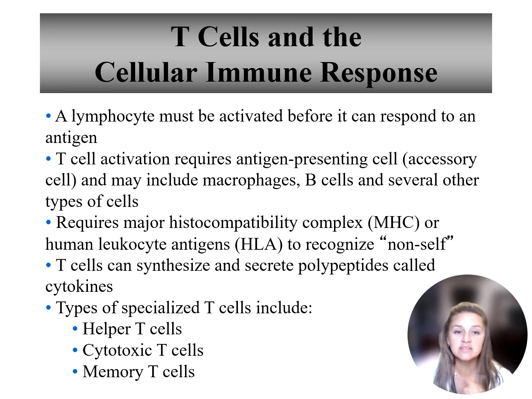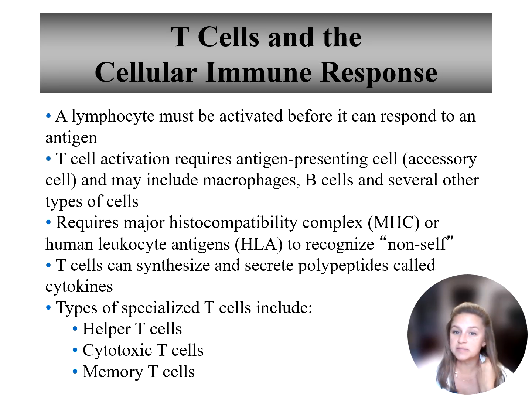So T cell activation requires an antigen presenting cell. This is a cell that kind of shows it what to look for on its surface. And this requires different parts that we're not going to talk a lot about, the MHC complex, HLA, basically just to recognize itself, recognize it from self cells.